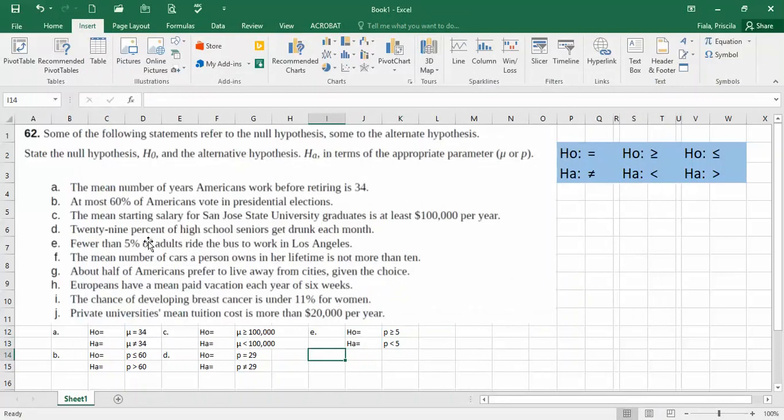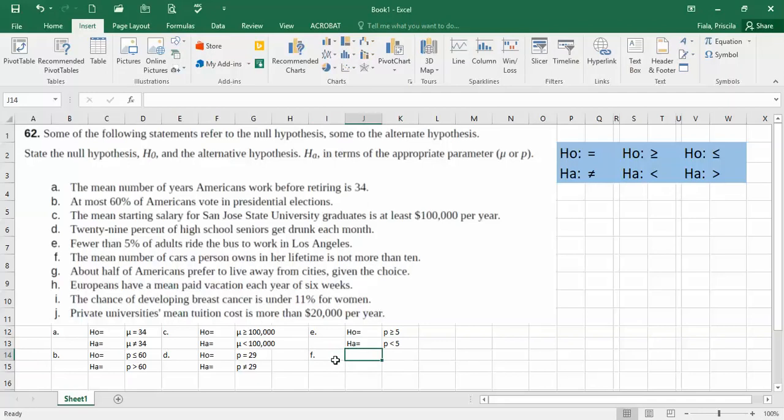Next, F, the mean number, we know we're dealing with mean, of cars a person owns in her lifetime is not more than 10. Is not more than 10. So not more than 10, it's less, correct? But that includes 10 because not more than 10 is including 10.